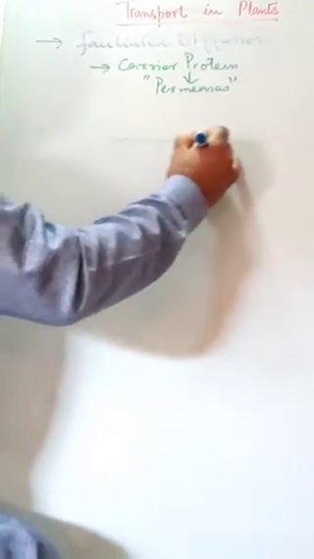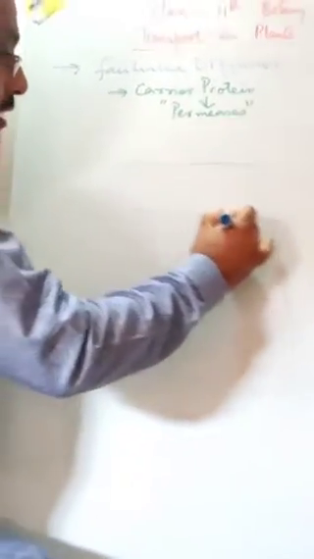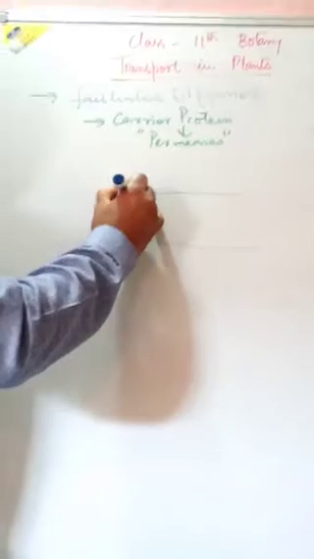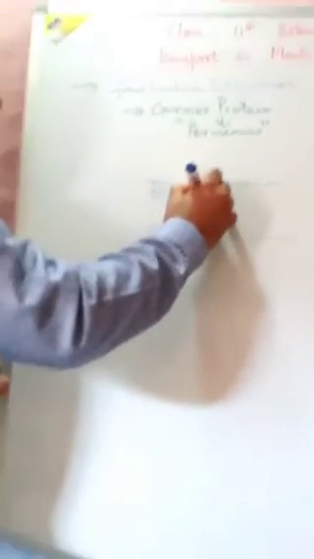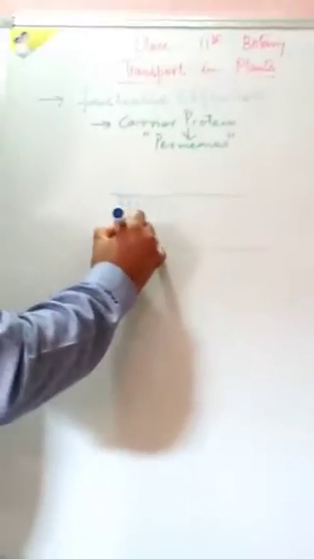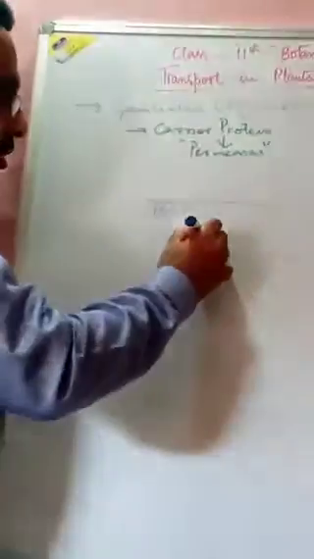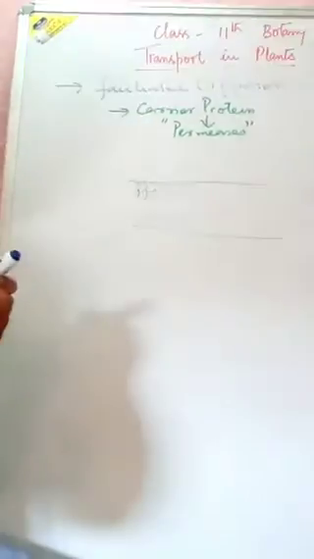What happens in this case, if we try to elaborate, for example, if this is the permeable membrane, and there are these phospholipids, and also there are some proteins, both extrinsic as well as intrinsic proteins.